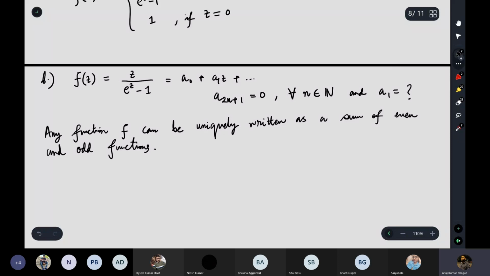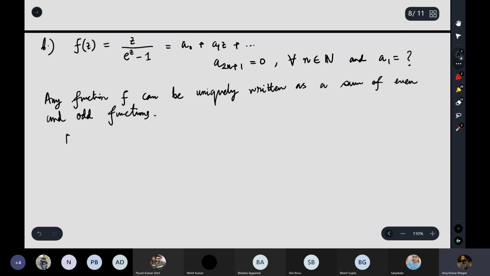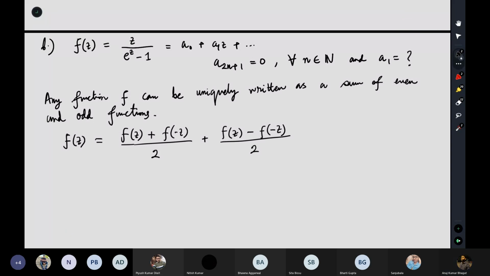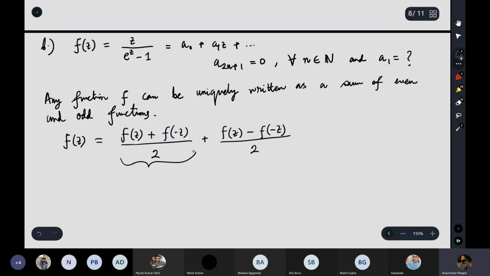So this fact is very much clear. Why? Because f(z) can be written like this: f(z) plus f of minus z by 2, plus f(z) minus f of minus z by 2. So this is the even part, and this is the odd part.